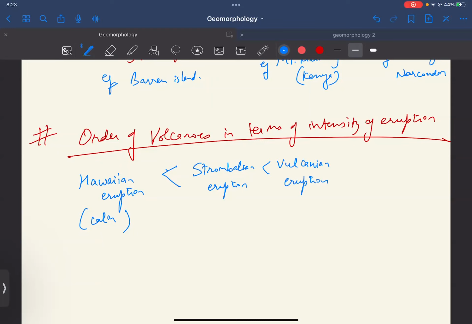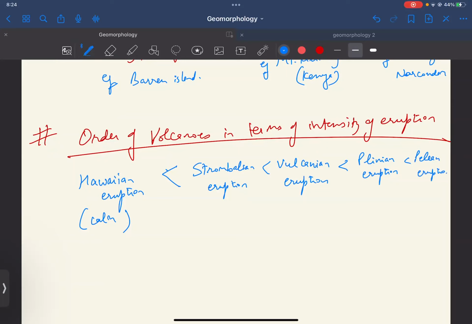You don't need to remember everything in detail about all this, just in case UPSC may ask. Then you have Plinian type of eruption. Lastly, we have Pelian eruption.